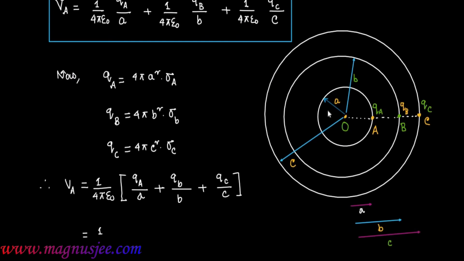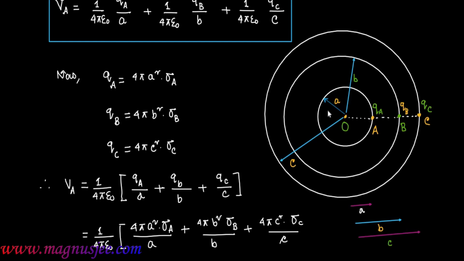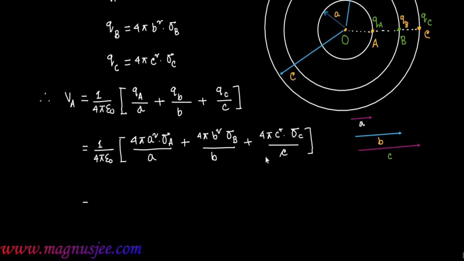That is the electric potential of the shell A, 1 by 4 pi epsilon 0, 4 pi a square sigma A divided by a plus 4 pi b square sigma B divided by b plus 4 pi c square sigma C divided by c.